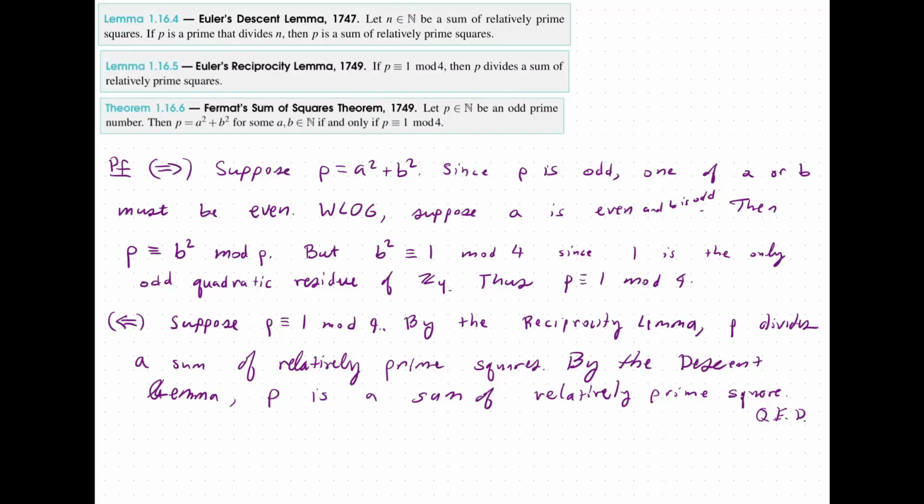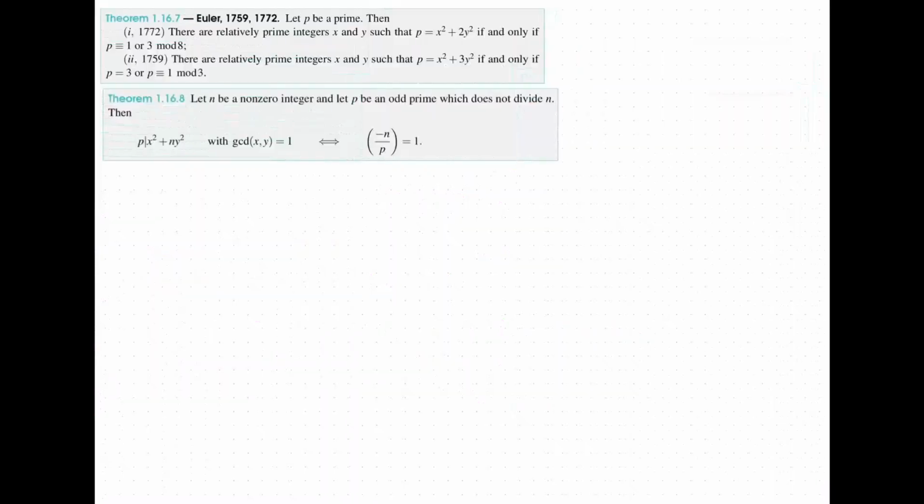Both proofs are structured very similarly, except that for our purposes, since we are armed with quadratic reciprocity, the reciprocity steps will be the easiest cases, which for Euler was actually the other way around. The descent lemma was easy. The reciprocity statement was the hard part. But we are in luck. And so Euler realized that these two statements are related to the Legendre symbol.